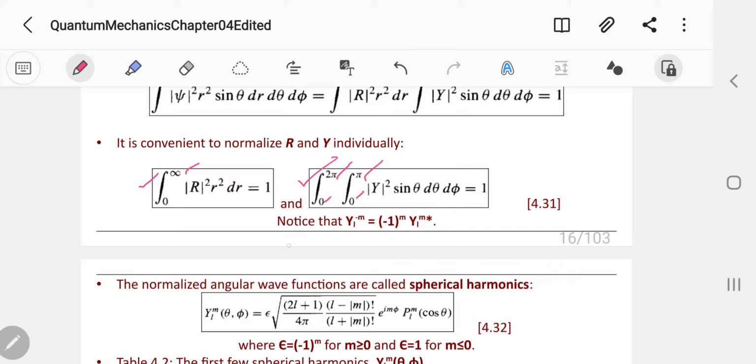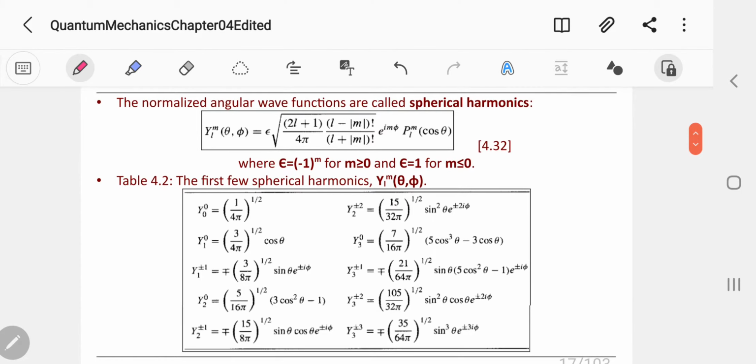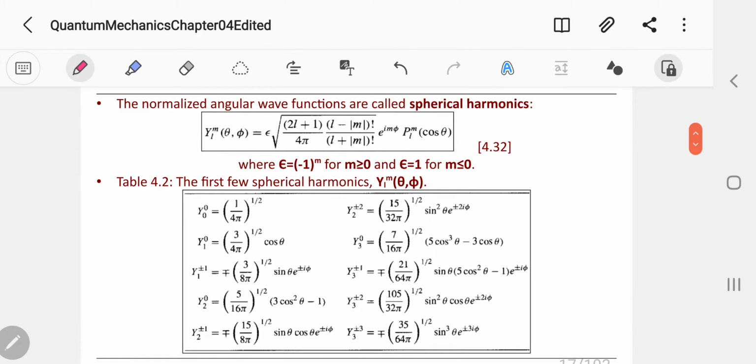And here, notice that you have an identity here. This one, Y_L^(-m), is just equal to (-1)^m times Y_L^m conjugate.